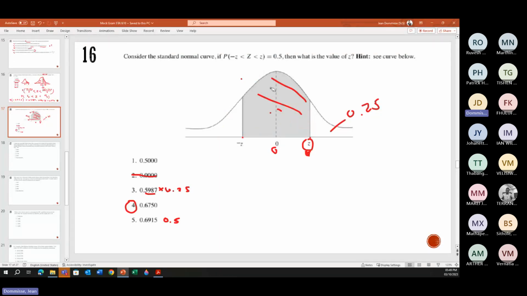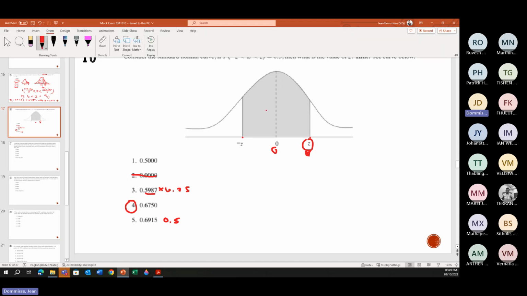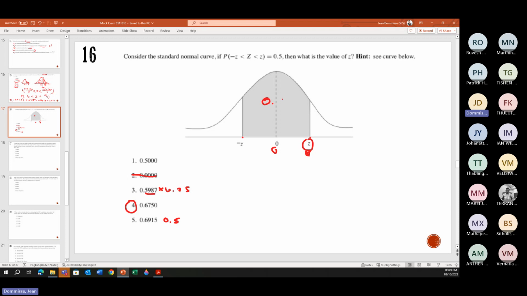They tell us that I'm working with, between these two values, my probability is 0.5.